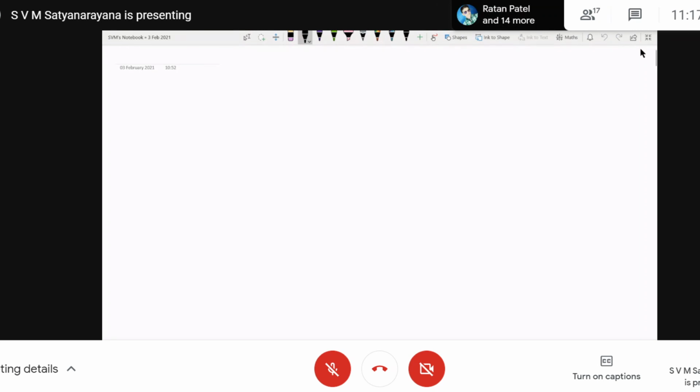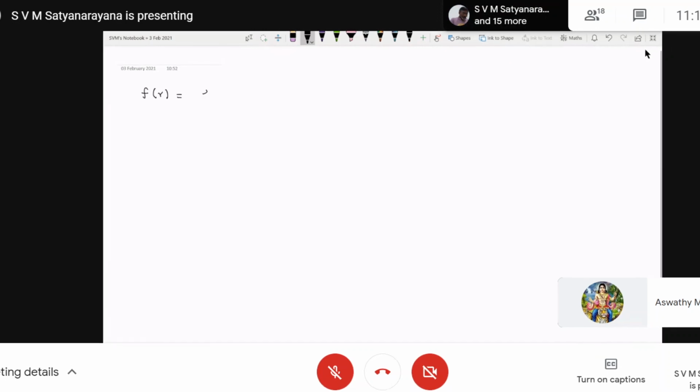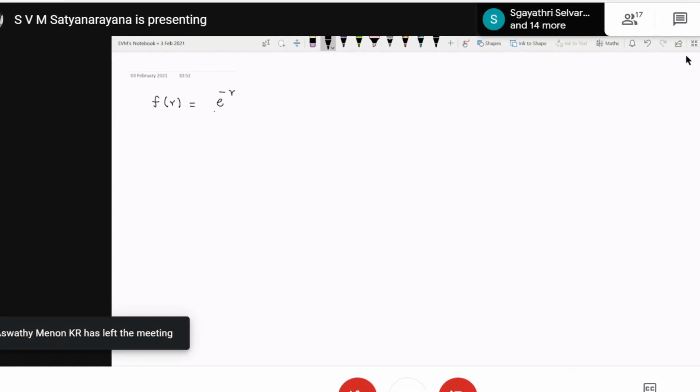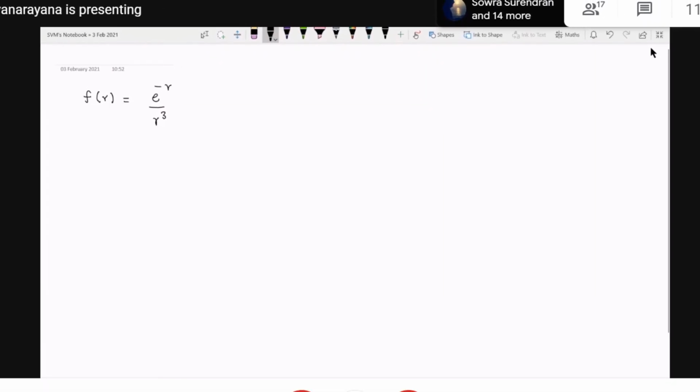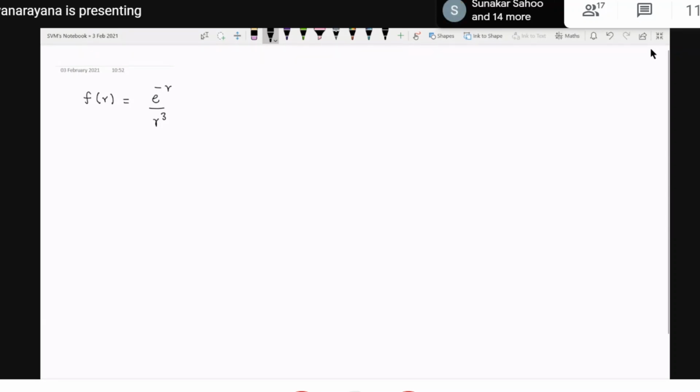So a function f of r is equal to e to the minus r divided by r cube, right? So what is the question, Paresh? Yes, sir. Is this a solution under the bound state condition? Can this be a bound state?